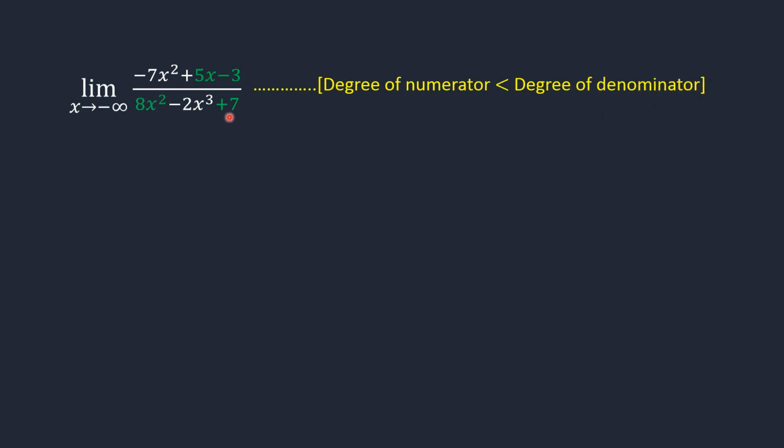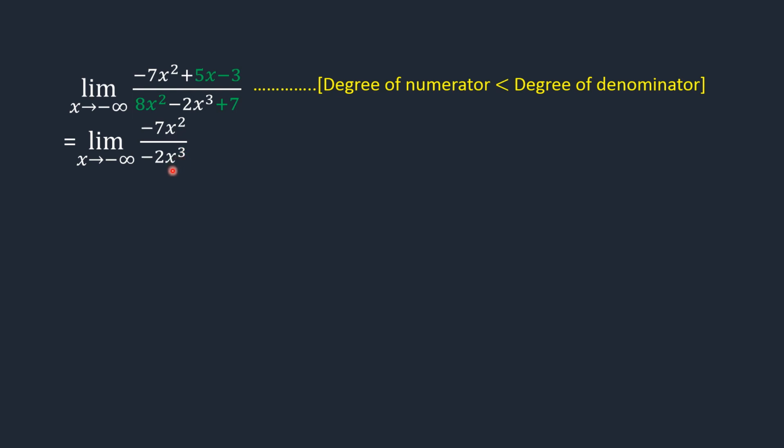For finding its limit, first we will ignore the insignificant terms from the numerator and denominator and write the limit as minus 7x squared divided by minus 2x cubed as x approaches negative infinity. Now minus 7 divided by minus 2 will be 7 divided by 2, and x squared divided by x cubed will be 1 over x.